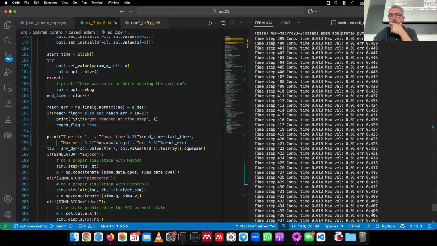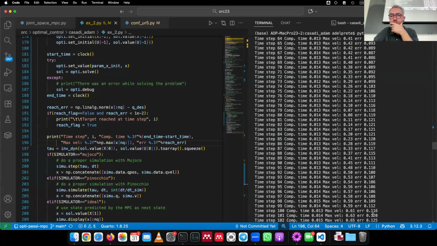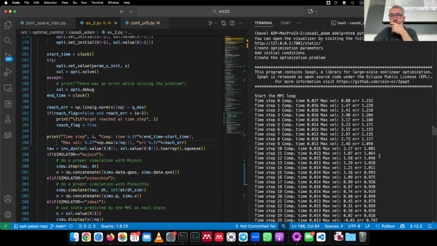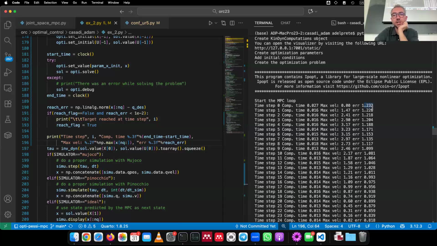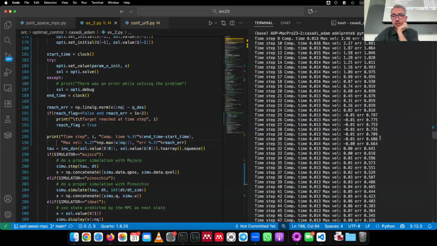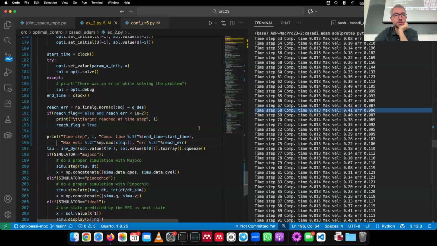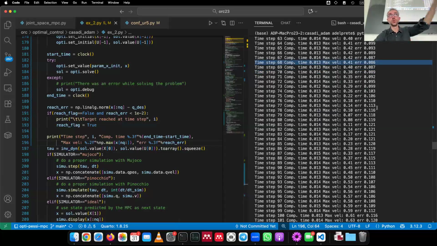But here it says that the error is still quite large. So it starts with a very large error, which makes sense. And it gets smaller and smaller. And here we are at the minimum, 0.08, but we are still above the threshold which we set, which was 10 to the minus 2. And then it increases because we overshoot.